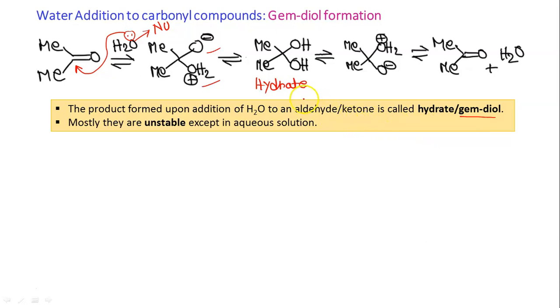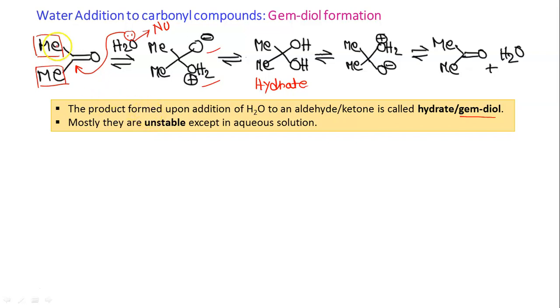Okay. Now this hydrate is not very stable and the reaction is reversible in nature, unless there is some electron withdrawing group present in the initial starting compound, that is the carbonyl compound. Here our carbonyl compound is acetone where 2 methyl groups are attached. But suppose the carbonyl compound is such that some electron withdrawing group is attached.